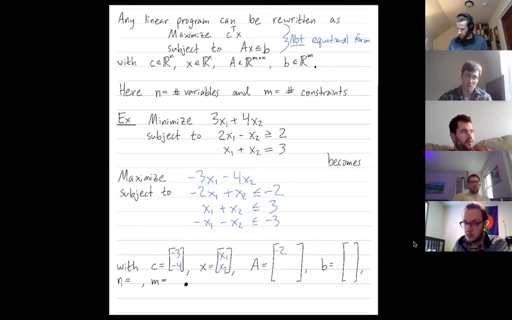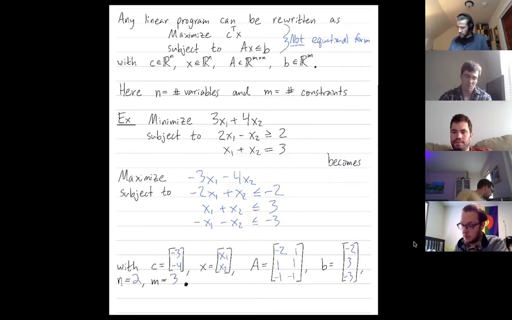So -2, 1, 1, 1, -1, -1. And our vector b, I'm going to read off here: -2, 3, -3. n is the number of variables. That didn't change. m is the number of constraints. That increased by 1, right? We went from 2 constraints to now 3 constraints.